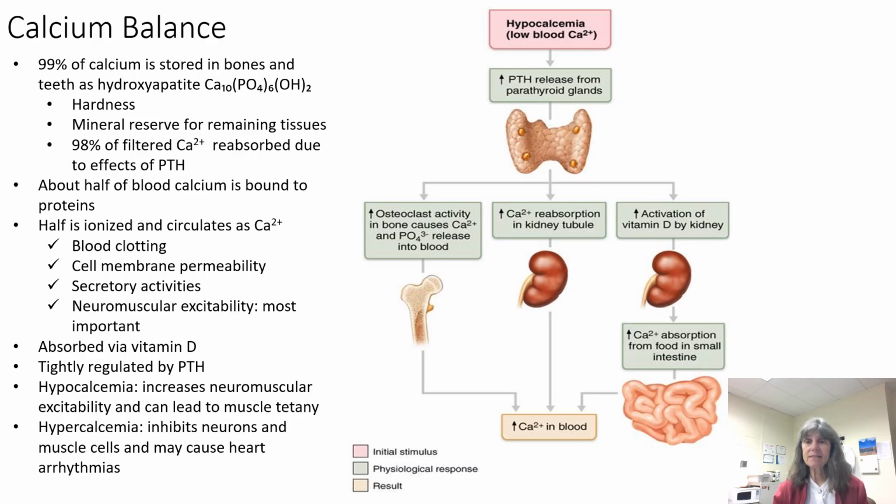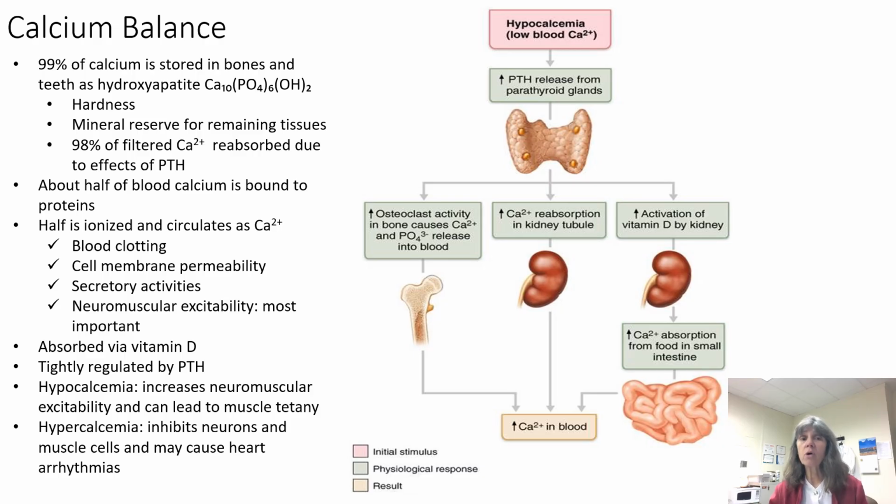Bone serves as a reserve for other body tissues that require calcium. And if blood levels of calcium fall, remember that the parathyroid glands will detect those decreased levels of calcium in the blood, and they will secrete parathyroid hormone.